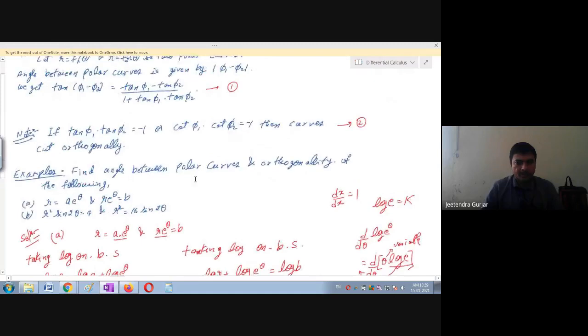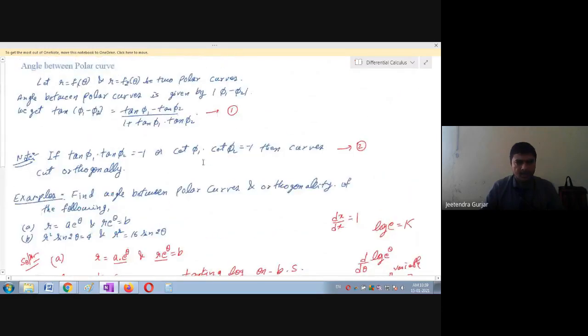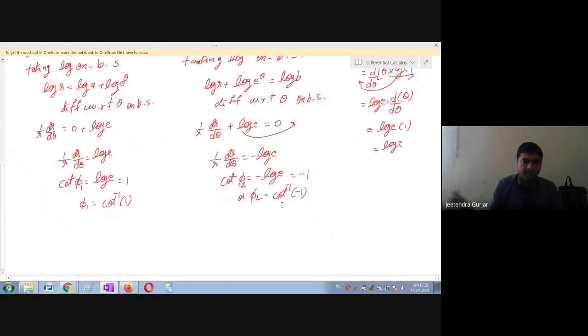Now, but please remember, the angle between polar curves is over. Now we have to find orthogonality. What is the orthogonality condition? Cot phi 1 into cot phi 2 must be equal to minus 1. That is what we have to prove. That is our main intention.